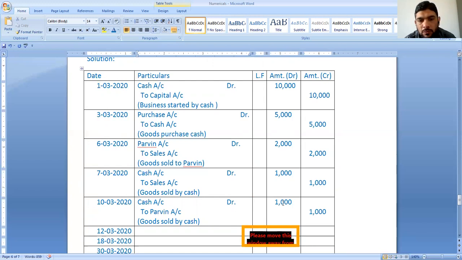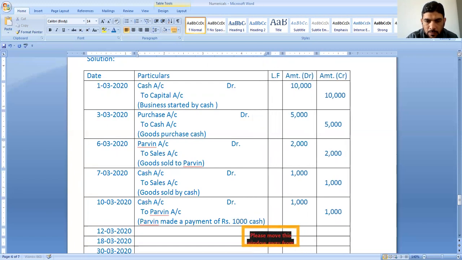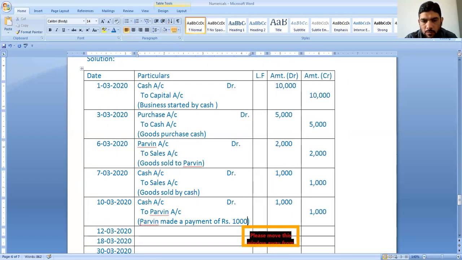He has passed on 1000 to the firm. So here we may write Parveen made a payment of rupees 1000. Parveen has made a payment of rupees 1000 in the form of cash.